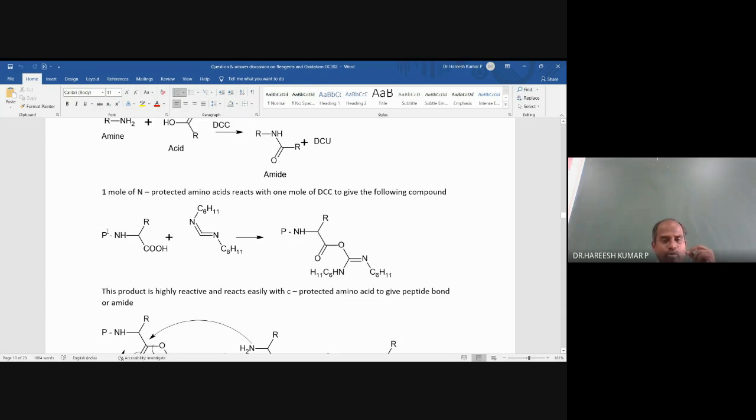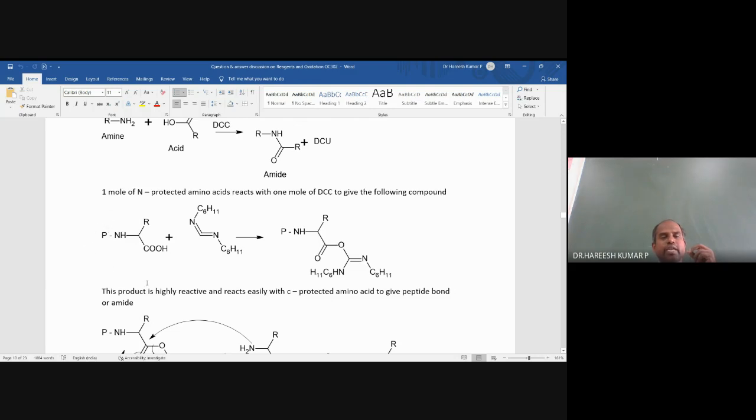The N protecting group may be a Boc group, a Z group, which means benzyloxycarbonyl group, Boc means butyloxycarbonyl group, Fmoc means fluorenylmethyloxycarbonyl group. So N may be protected using an N protecting group.